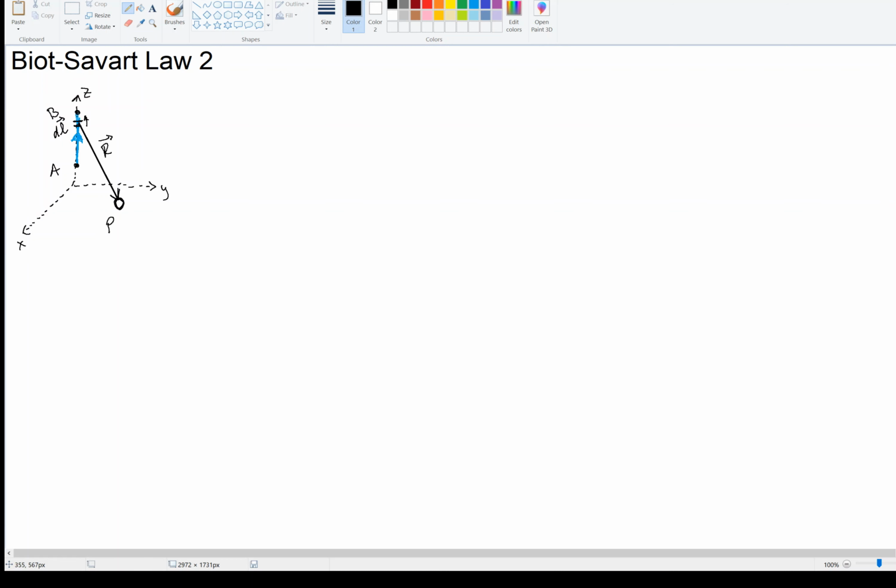So this is a line of current, and so the Biot-Savart law says that the small magnetic field due to that small piece of wire is given by this thing.